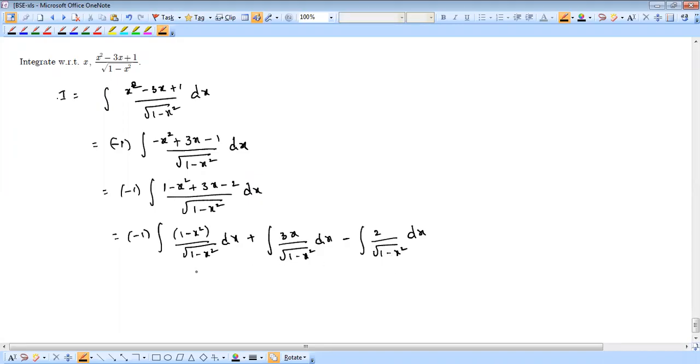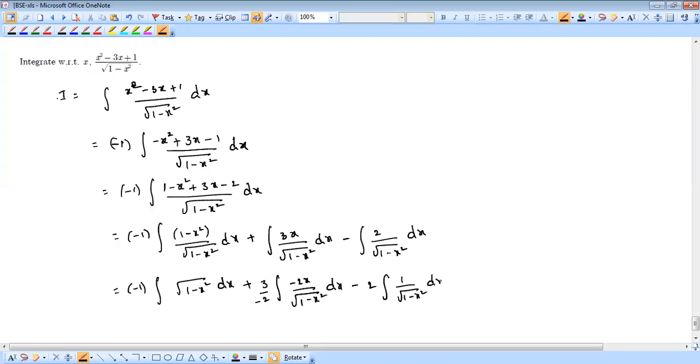From here, everybody knows what we can do. Integration 1 minus x square in the numerator, no square root, denominator has square root. So by cancellation, we can get square root of 1 minus x square dx. And here 3, I'll take it out and multiply and divide with minus 2. Minus 2x by root over 1 minus x square dx. And here 2, I'll take it out. 1 by root over 1 minus x square dx.